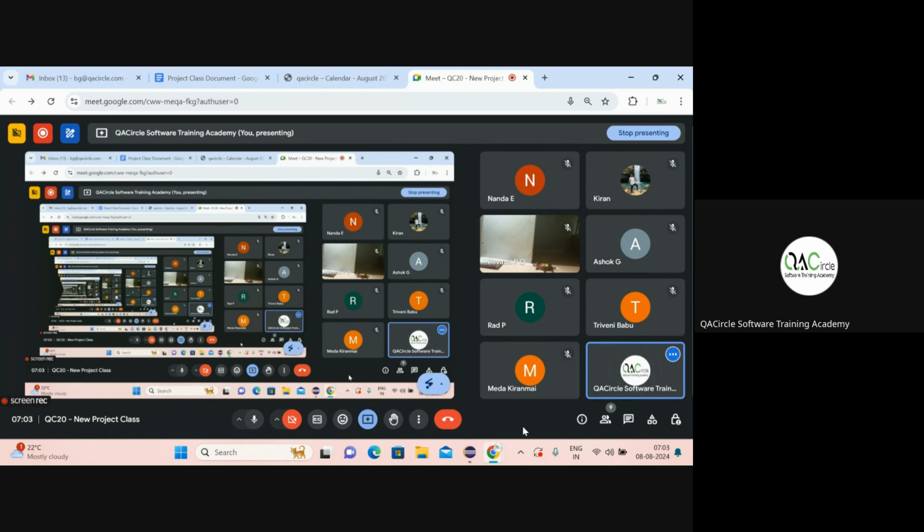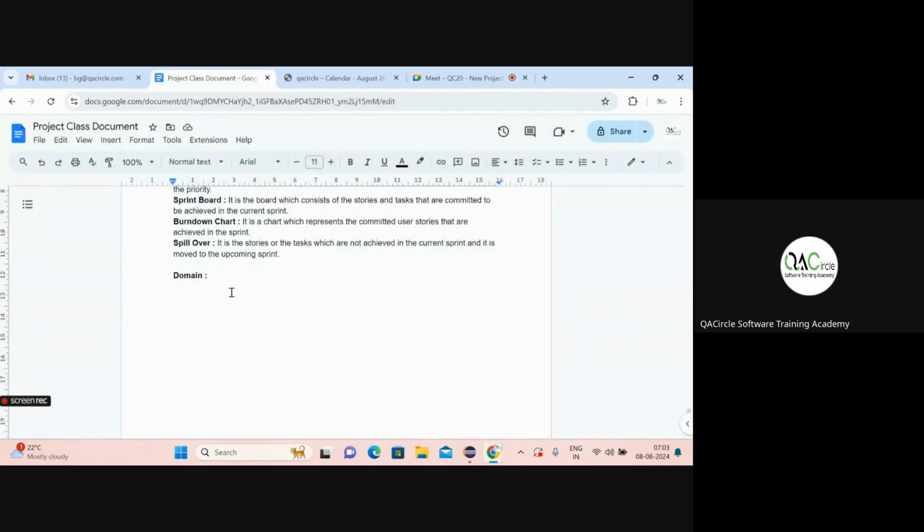But what I will say is, a domain is basically used to understand, or identify, the service that is provided over the internet. A domain is something which is used to identify the service.